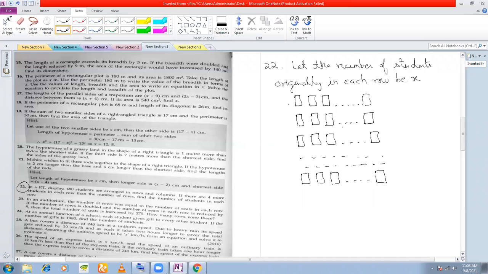I have taken the number of rows to be x originally. The number of columns I don't know. So now in each row, if 4 students are increased, what I do is I increase 4 students in each row.